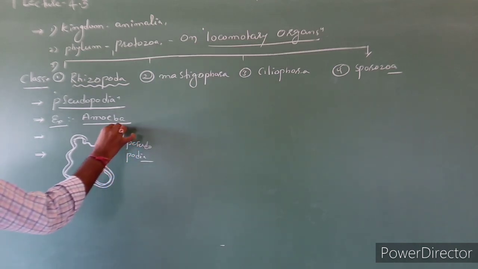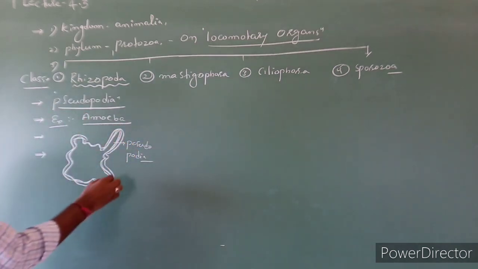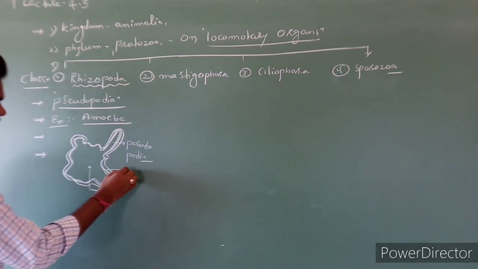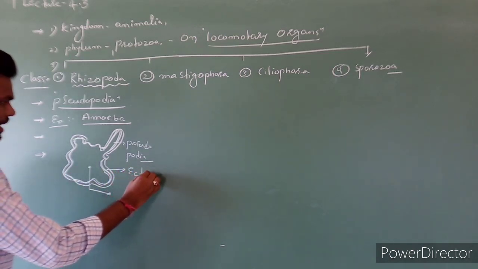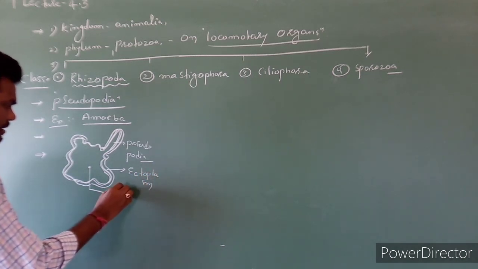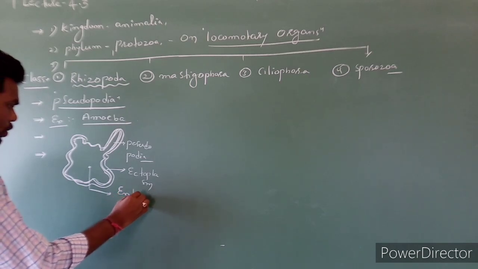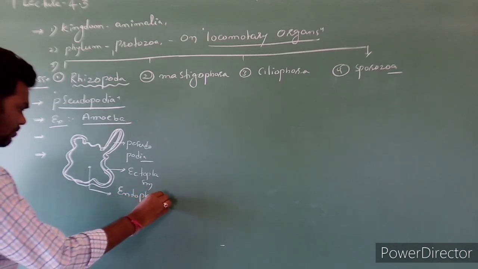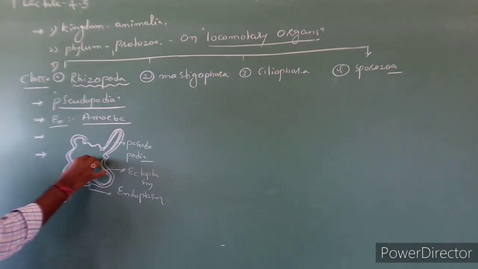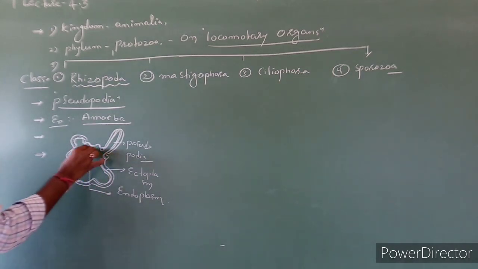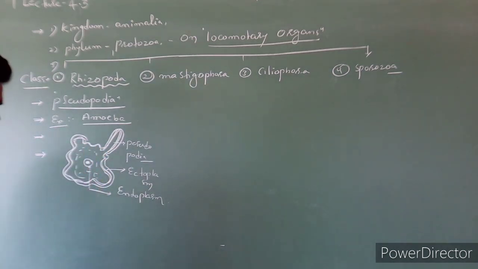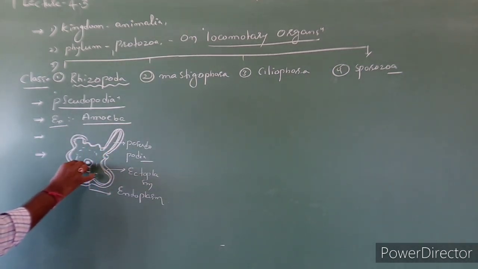Here the cytoplasm we can divide into two types: the outer side is ectoplasm, and the inner side is endoplasm. As usual, it is a uninucleated unicellular cell. Clear? Here we can notice these are the vacuoles.